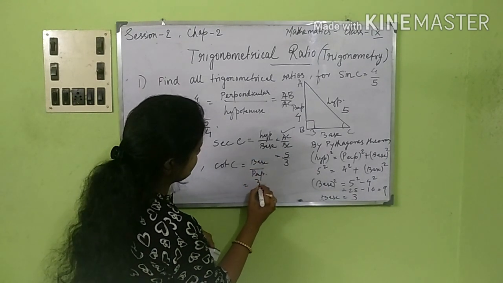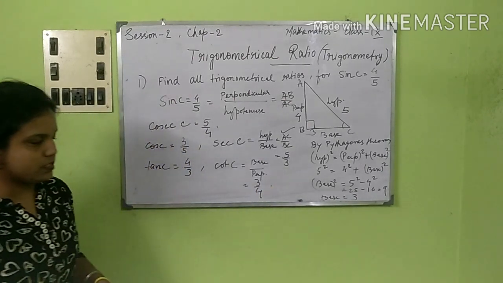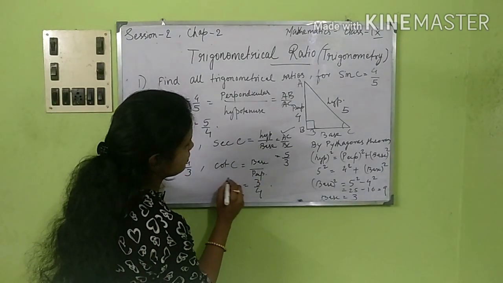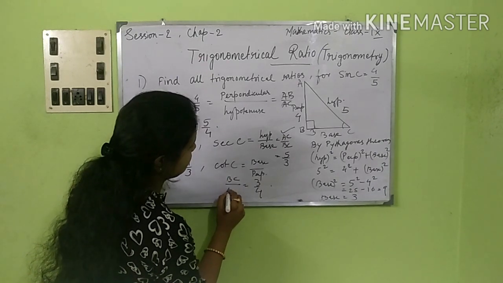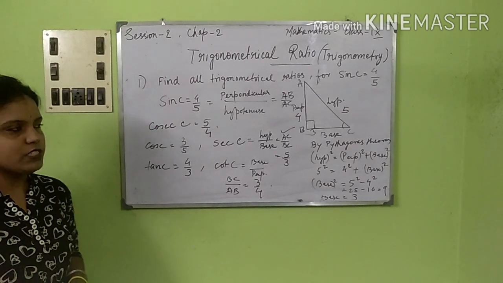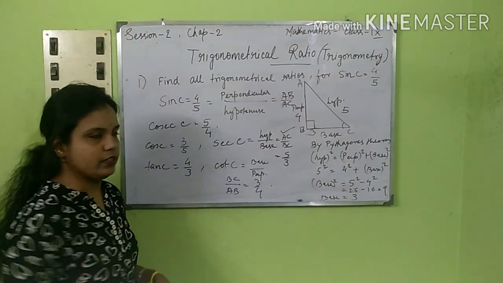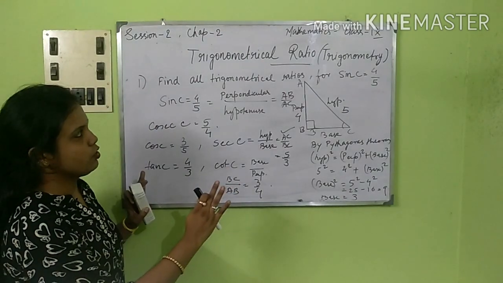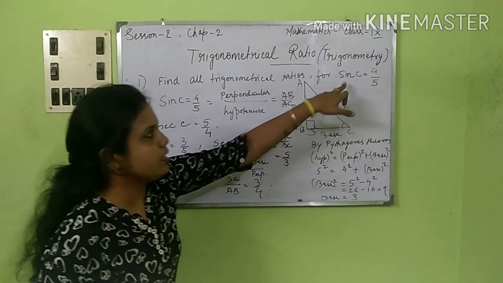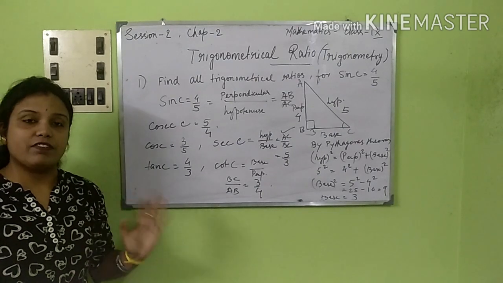So do write 3 by 4 like this. Or you can also write BC by AB, and then write the answer. Okay, first write the sides and then write the answer. So this is finding out the trigonometrical ratios from a particular ratio given to you.